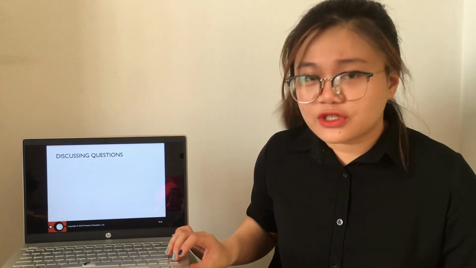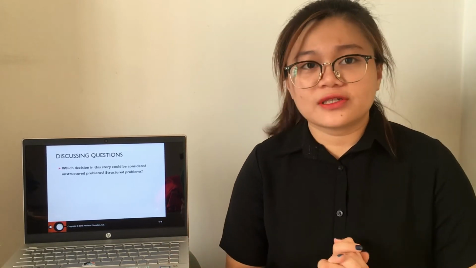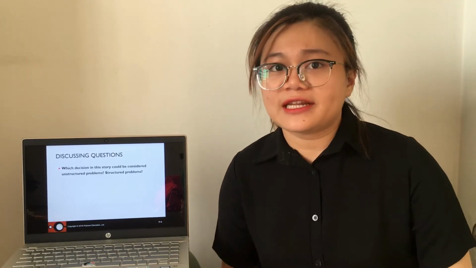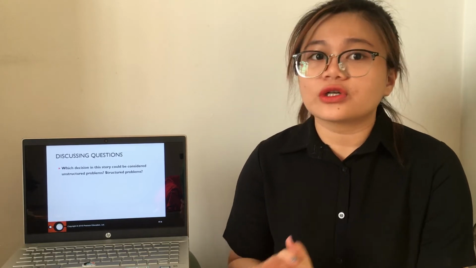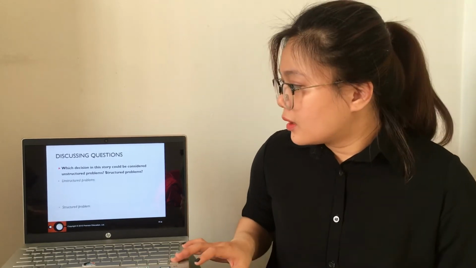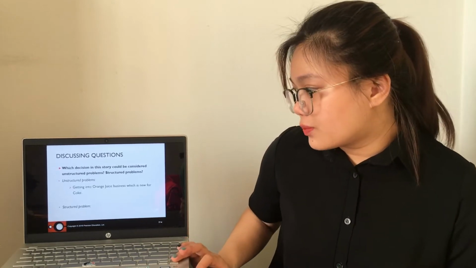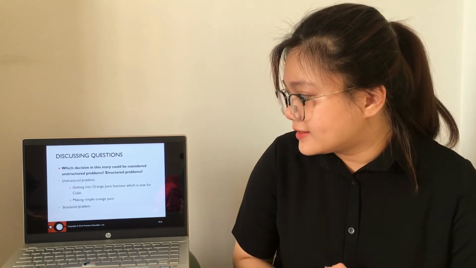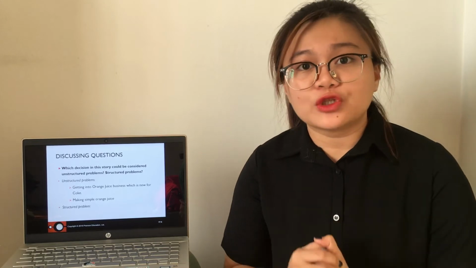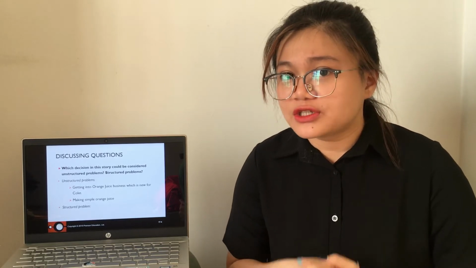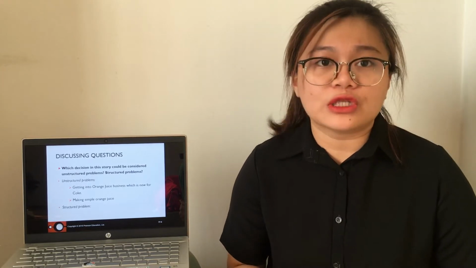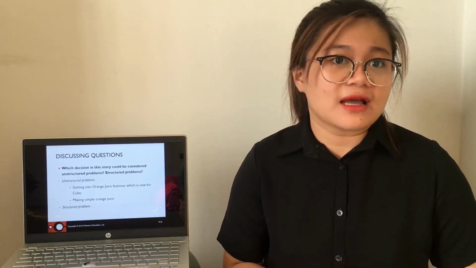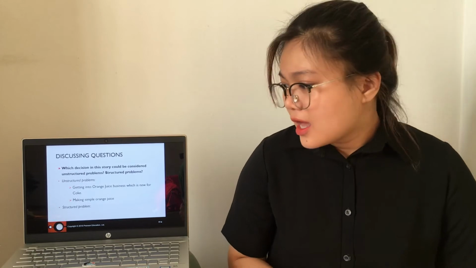Now let's discuss the questions. The first question is, which decisions in this story can be considered as unstructured and structured problems? About the unstructured problems, it is getting into the orange juice business, which is just new for Coca-Cola, and making Simply Orange juice can be considered as unstructured problems.